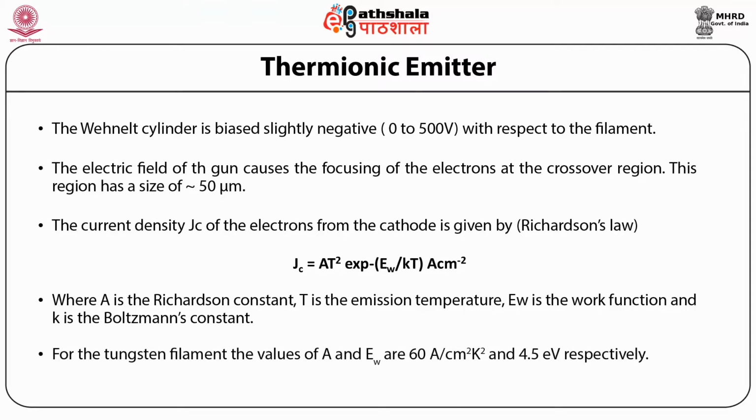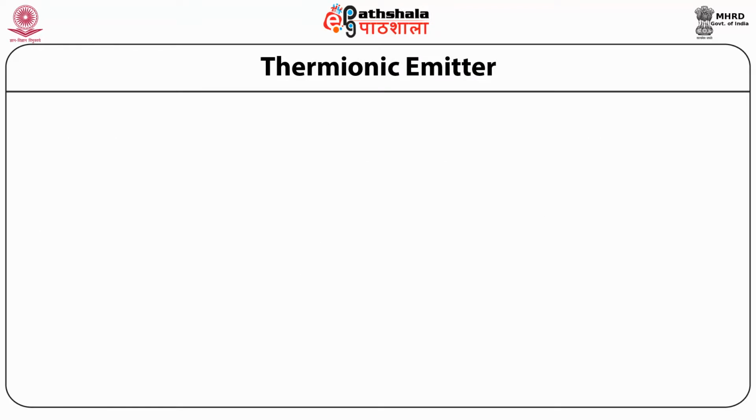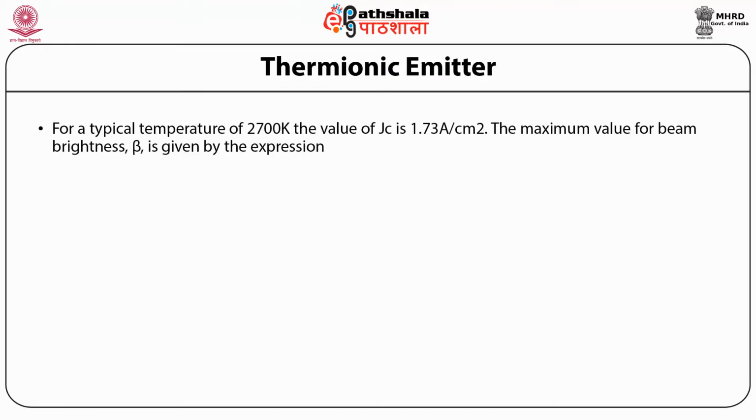For the tungsten filament, the values of A and EW are 60 ampere per centimeter square Kelvin square and 4.5 electron volt respectively. For a typical temperature of 2700 Kelvin, the value of Jc is 1.73 ampere per centimeter square.